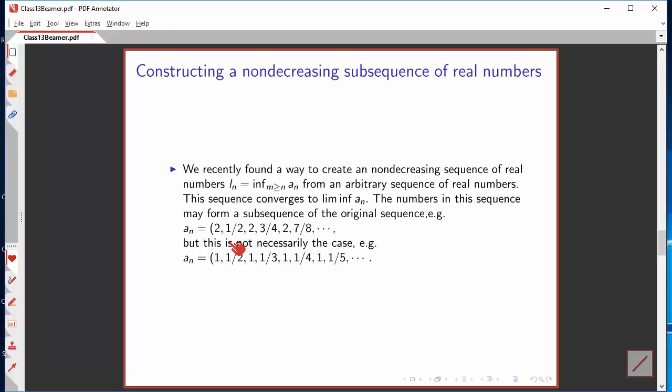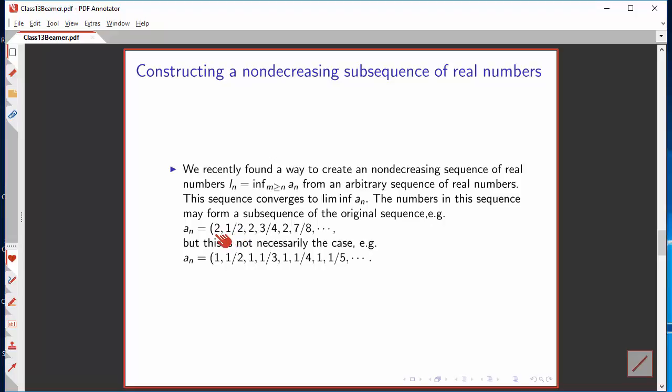I remind you that the same phenomenon occurs in this case that we saw recently with suprema, the numbers may form a subsequence of the original sequence. If you look at this sequence and ask yourself, what is the lim inf?